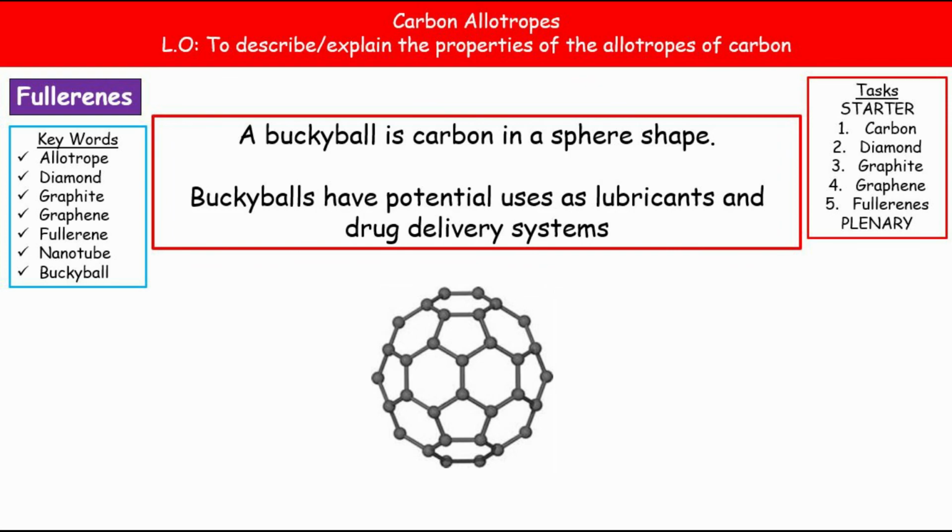So what we can do is we can then put chemicals inside that cage, and we can then use it as a drug delivery system. So that means rather than having drugs that are going to be travelling, having effects throughout the whole body, this one would then be released in a specific region of the body to allow more targeted drug treatments. And we can also use them in things like lubricants as well. So jot down those couple of points about buckyballs for me.